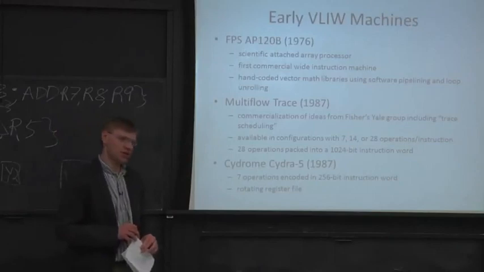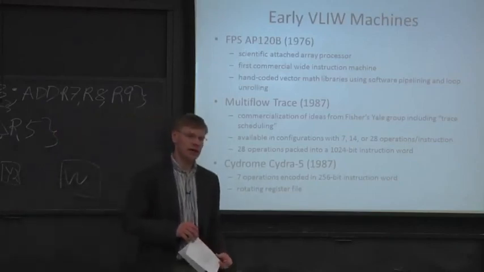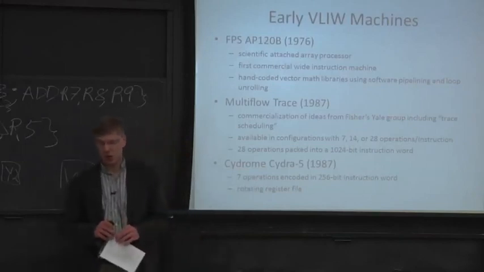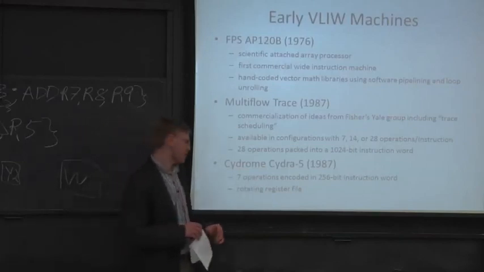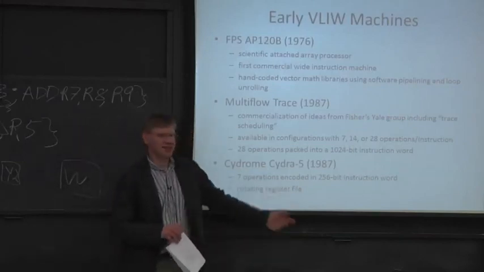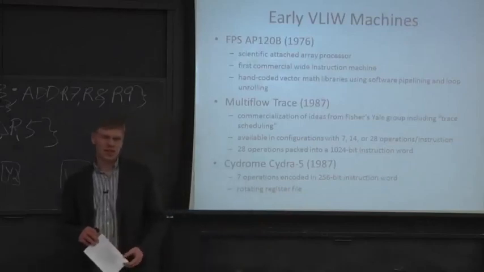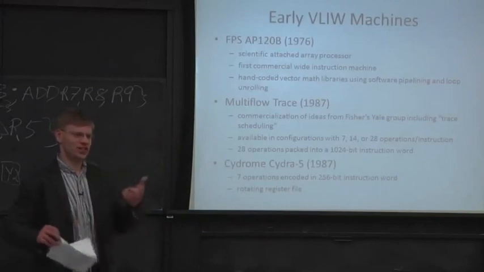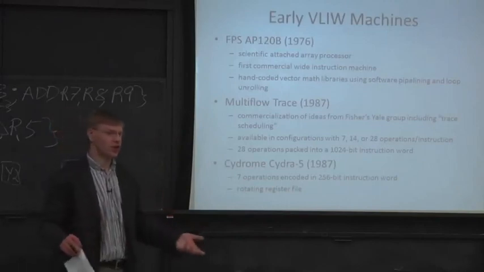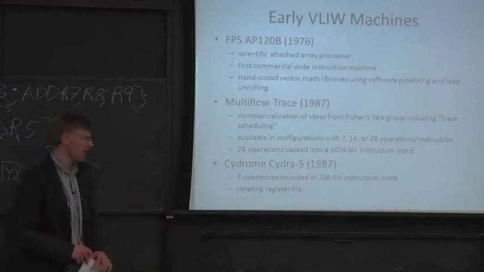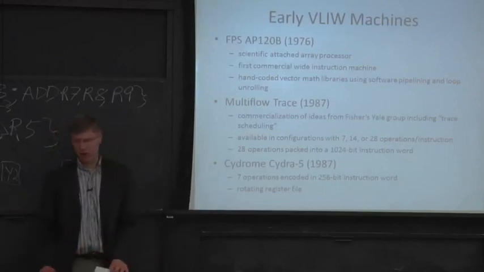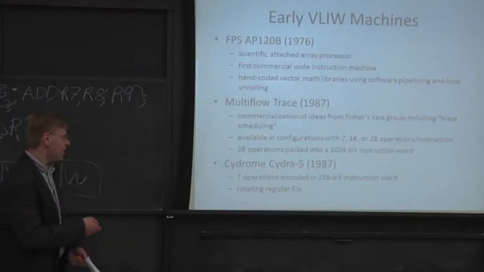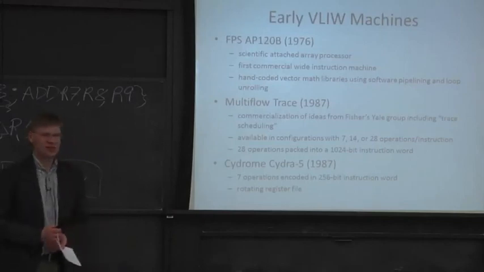He was a professor at the University of Illinois, and he developed a lot of these things, then left and started Cydrome. One of the interesting things in that processor is that instead of having a register renamer, they had a register file where the naming of the registers changed as you did function calls. We'll talk more about that later today, or maybe tomorrow, or maybe next lecture. But what I really want to get across here is that this is very recent.